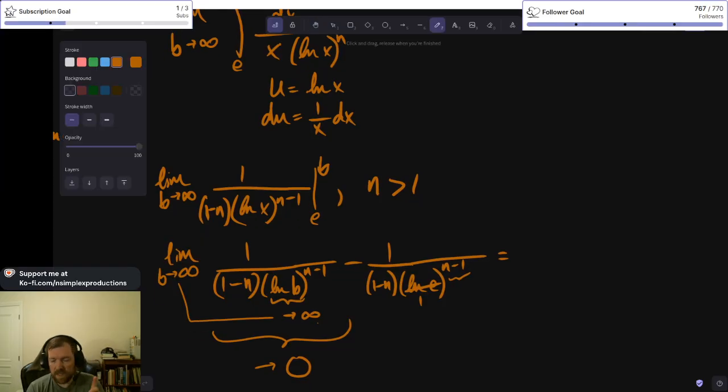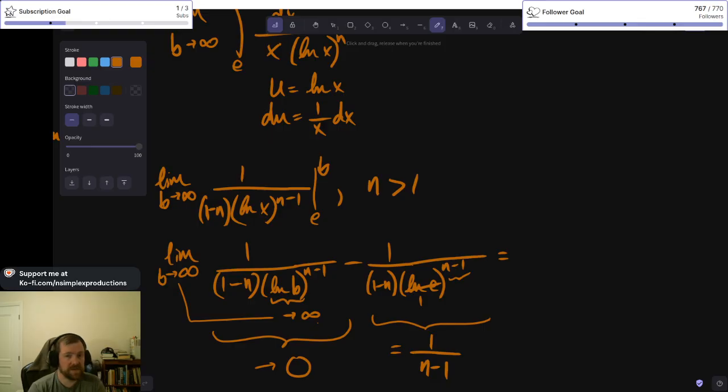And that means that this whole fraction here ends up going to negative 1 over 1 minus n, or 1 over n minus 1.